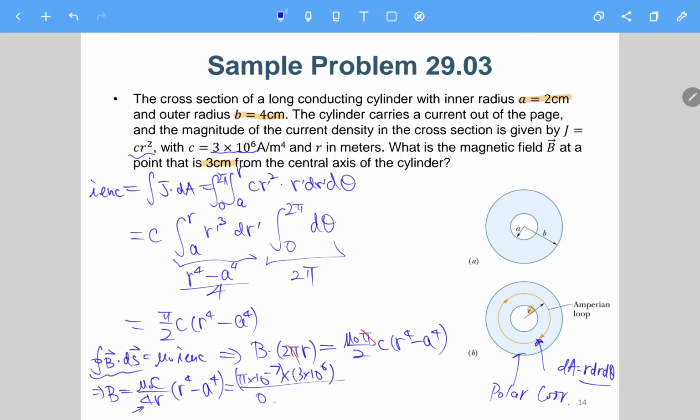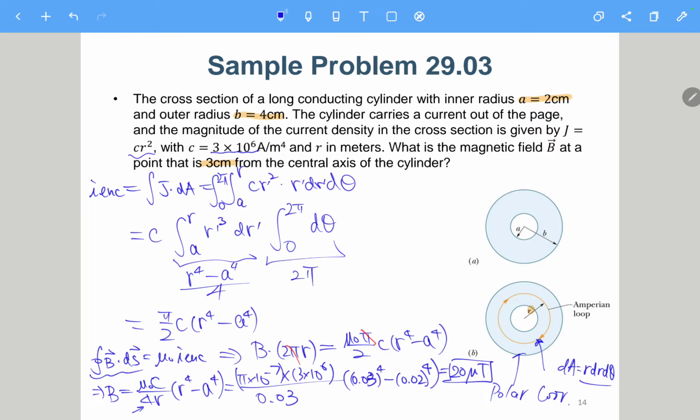So this is 3 centimeters, 0.03, and then we have 0.03 to the fourth power minus 0.02 to the fourth power. Okay, so this is 20 mu Tesla.